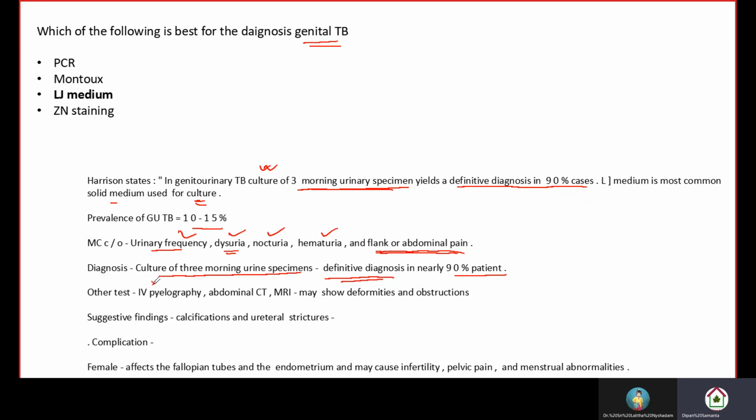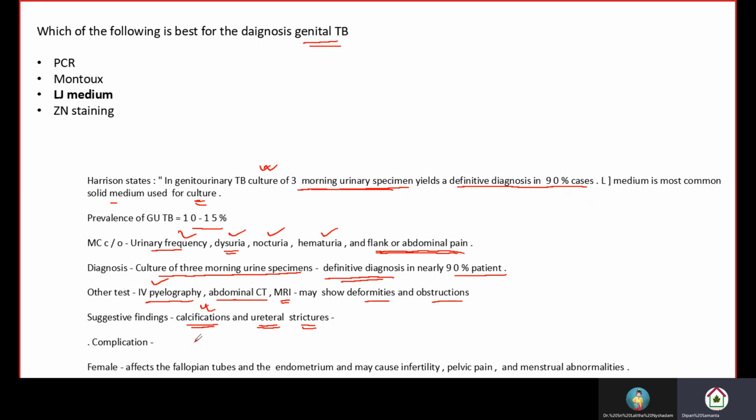Other tests include IV pyelography, abdominal CT, and MRI. These may show some deformities or obstructions. If it becomes moderate to severe, there will be calcification, and ureteral strictures can also be seen in moderate genitourinary TB.